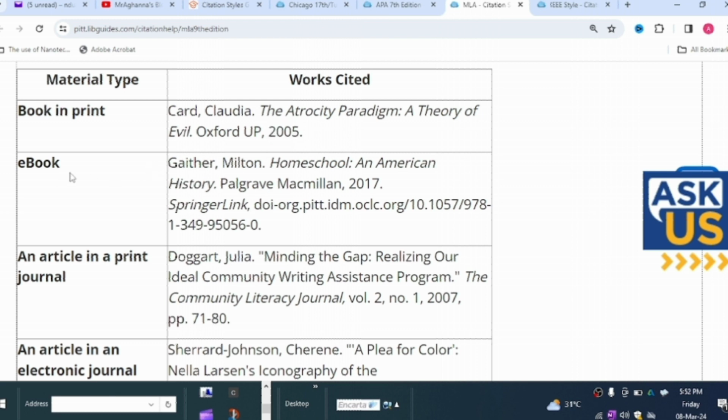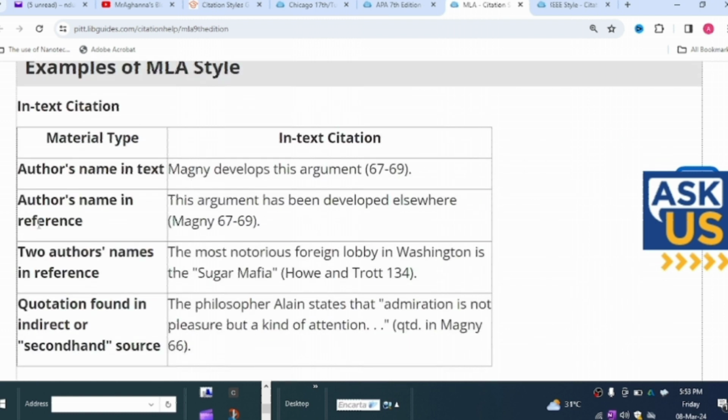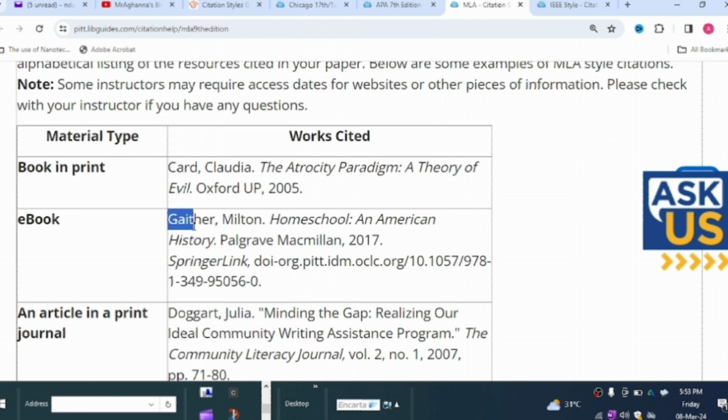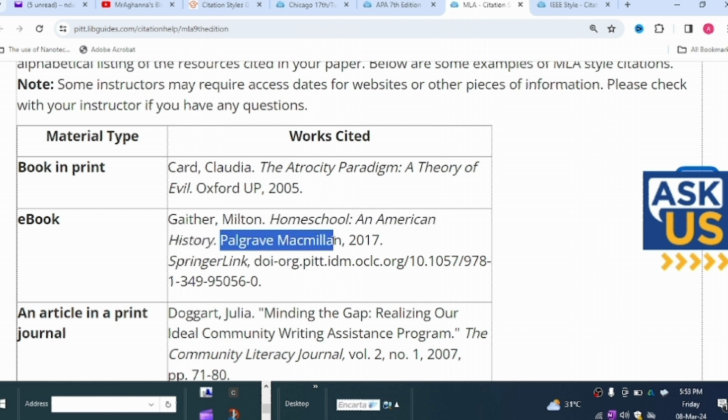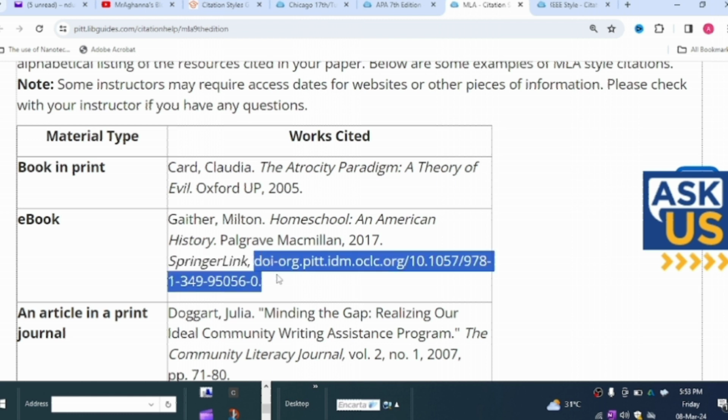If it is an e-book that you consulted, you can write this under the reference list: the name of the author, the title of the e-book, the publisher of the e-book, and the year of publication. This is the publisher of the e-book, which is Springer Link. And you have the DOI, the digital object identifier of the e-book.